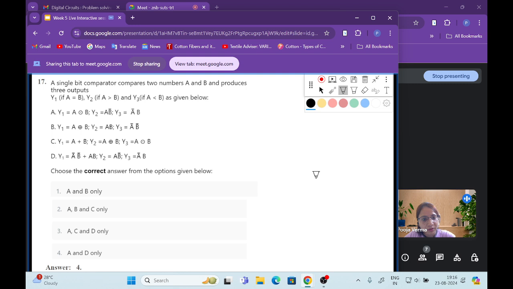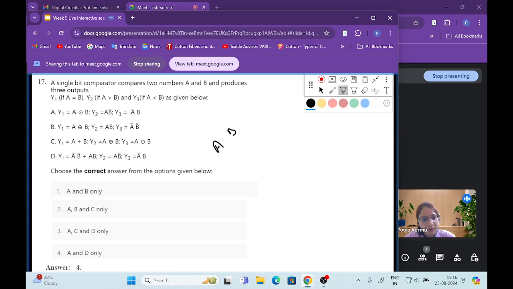Then choose the correct answer from the options given below. Let's see what the comparator circuit will be. Here only two numbers A and B are given, so we have to compare two bits, A and B.